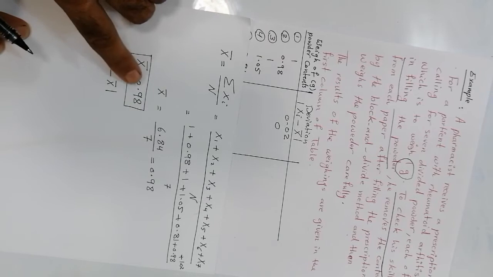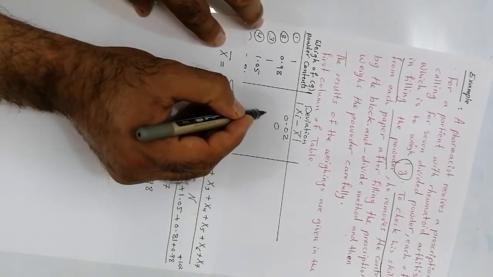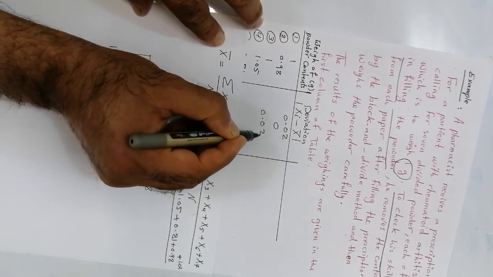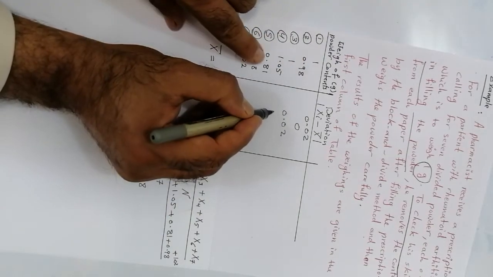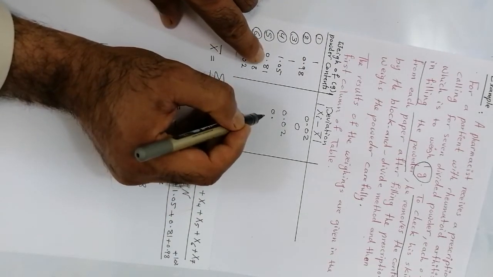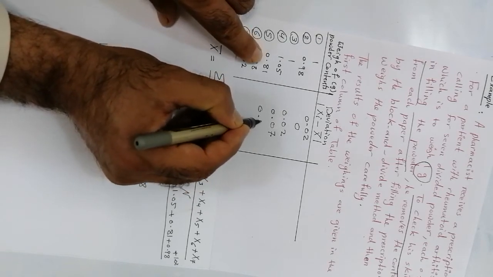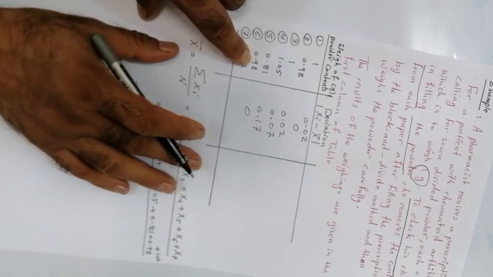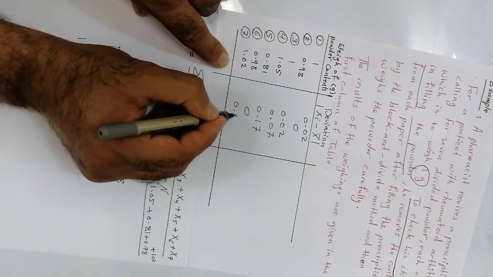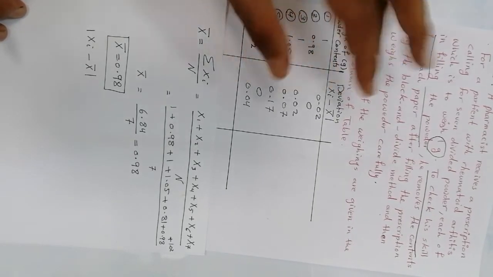For 1 minus 0.98, we get 0.02. And we get 0.07, 0.17, 0, and 0.04. These are the values.